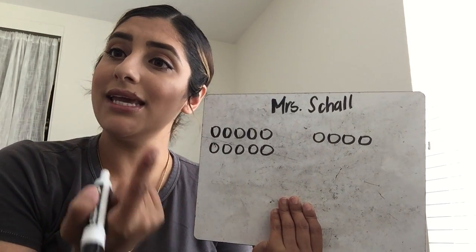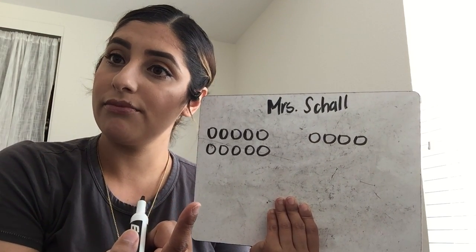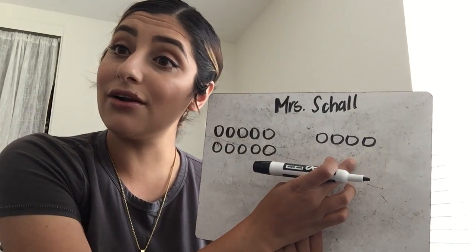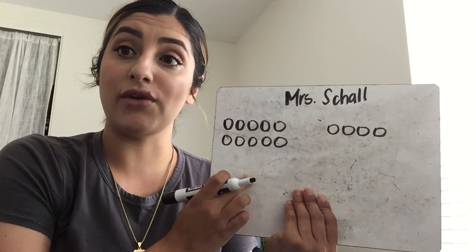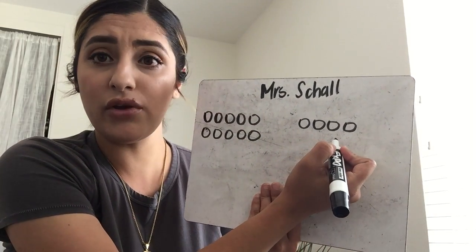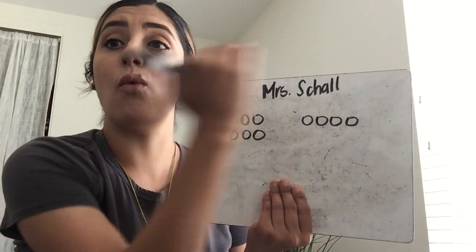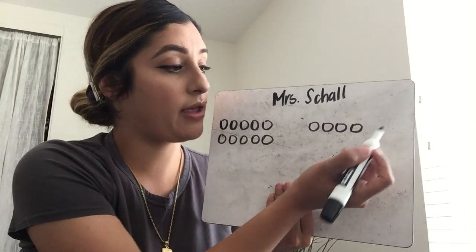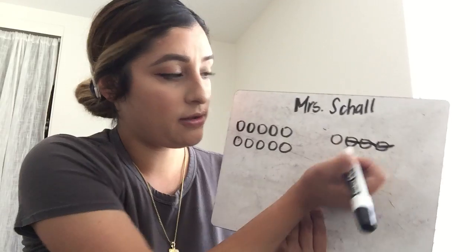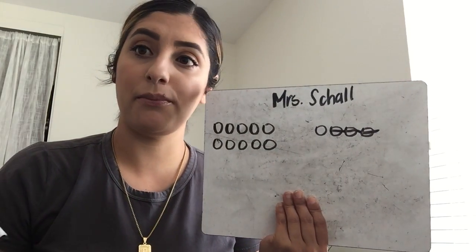Which one would be easier to take away from? It would be easier to take from 4 so that later we can add with the friendly number 10. So 3 of them flew away. I'm going to take away 3. Count with me. 1, 2, 3. I took them away. Boom.